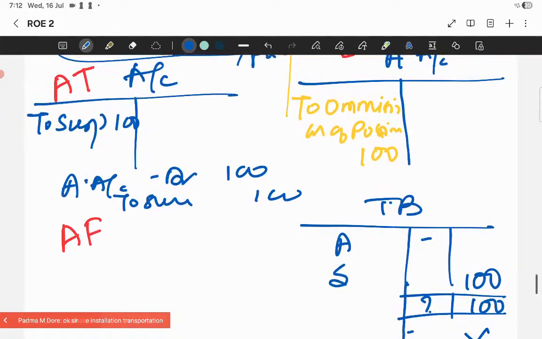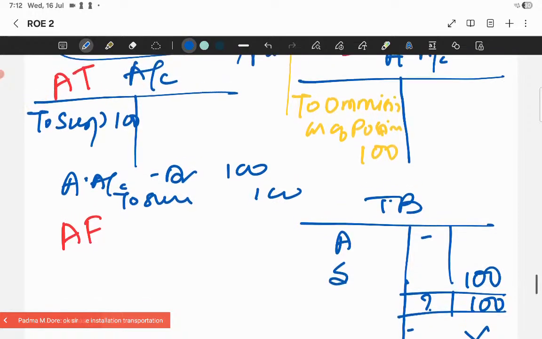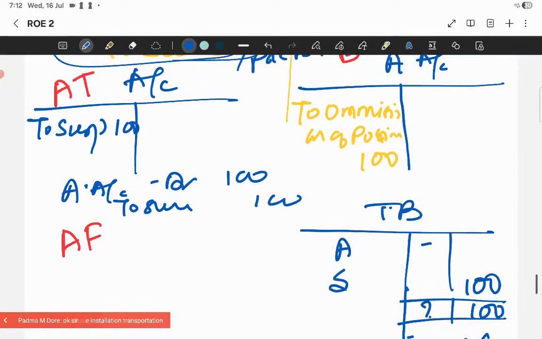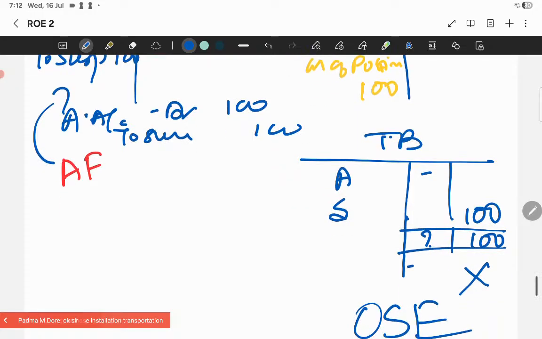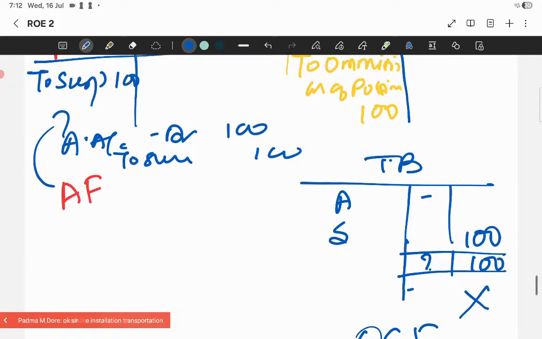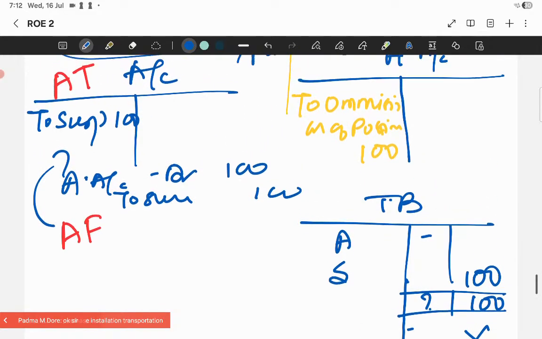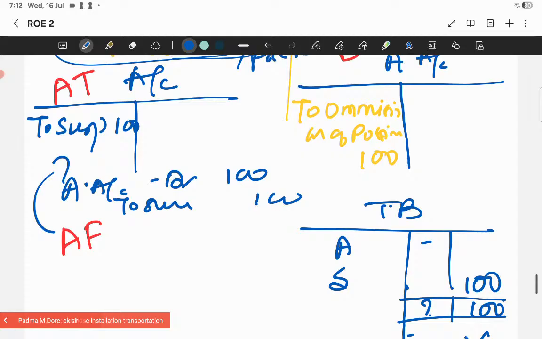Now what happens if it is after final accounts? It will remain the same because no nominal accounts are involved. That means the same step will be taken here. Because if a nominal account, a revenue or expense account, was there, instead of to suspense, we would have written to P&L adjustment. That's the only difference. Otherwise, nothing else.